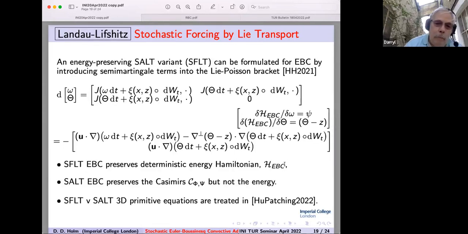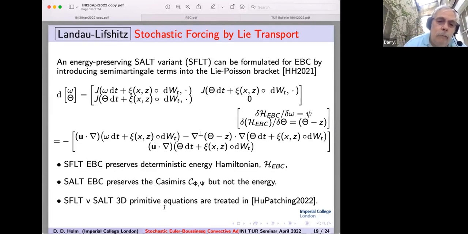Now, here's what happens: this stochastic forcing EBC preserves the deterministic energy, but not the Casimirs, and it doesn't have a Kelvin theorem with a stochastic velocity. The SALT version of EBC preserves the Casimirs, but not the energy. The energy is a semi-martingale, depending directly on time.